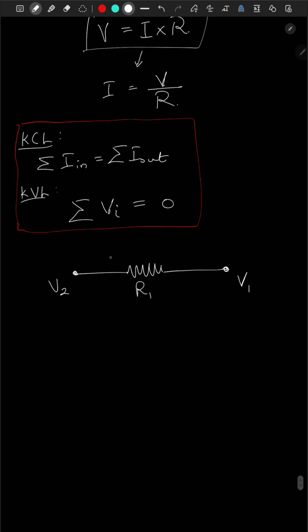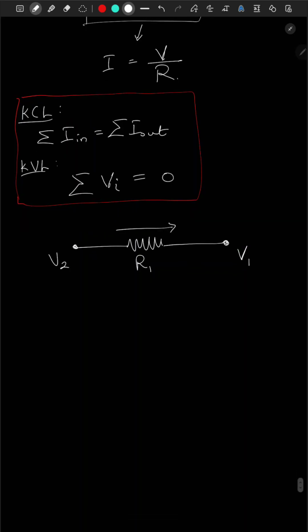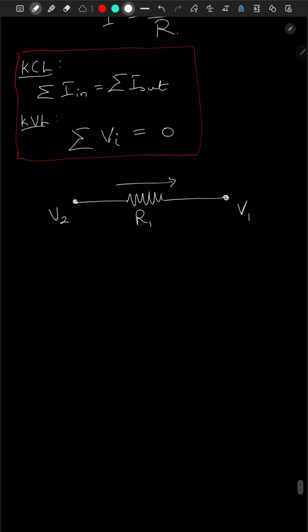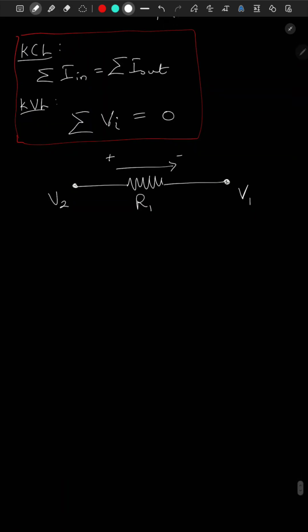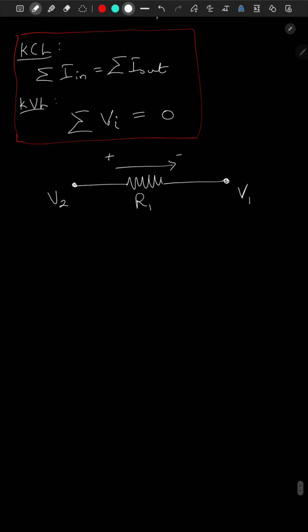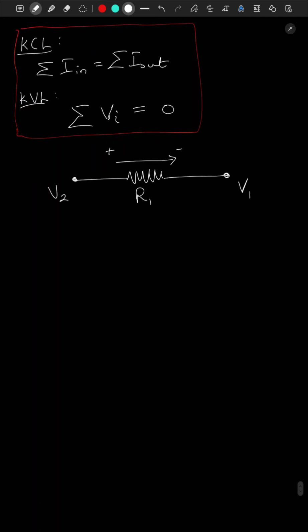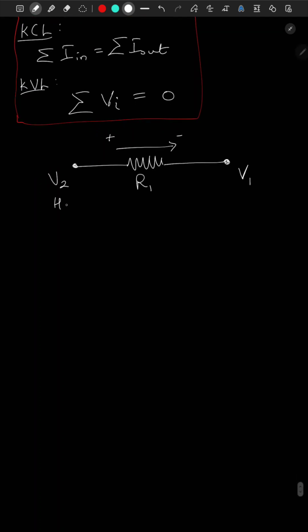If a current flows across the resistance from V2 to V1, it means that V2 is at a higher potential than V1, because current will always flow from a positive to a negative terminal. Positive meaning that it has a greater potential, and negative meaning that it has a low potential. So this one is high, this one is low.